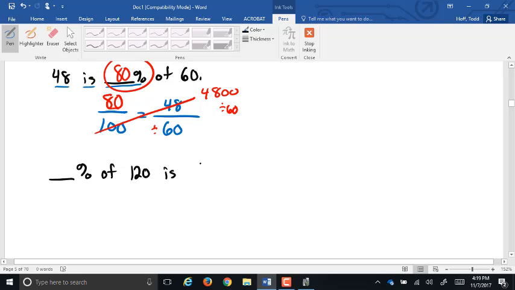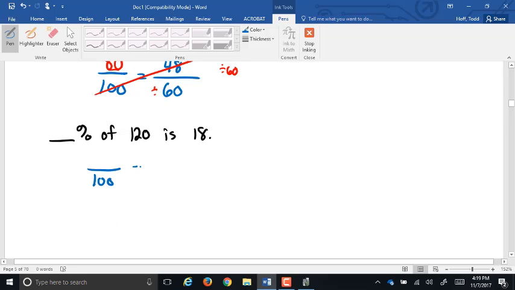We might have blank percent of 120 is 18. Again, we don't have the percent, but we're going to start with it. It's just going to be blank over 100 equals, on the other side, where does the 120 go? Top or bottom? Bottom.